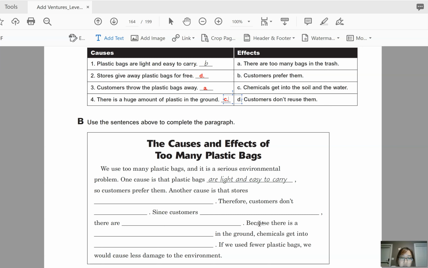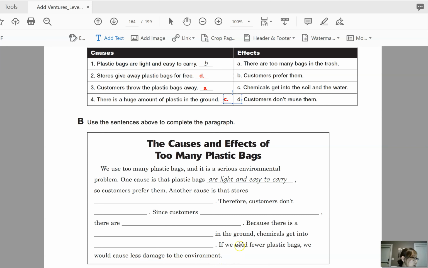And then because there is a huge amount of plastic in the ground, chemicals get into the soil and the water. If we used fewer plastic bags, we would cause less damage to the environment.